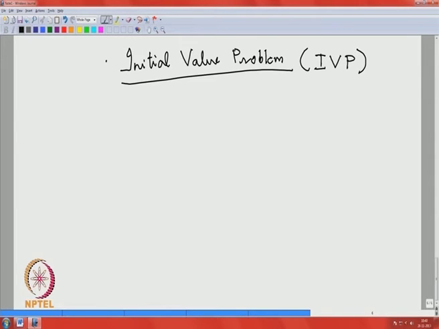Let me start with the easiest problem, the integral calculus problem: y'(t) is equal to f of t. You have to understand that f of t depends only on t.